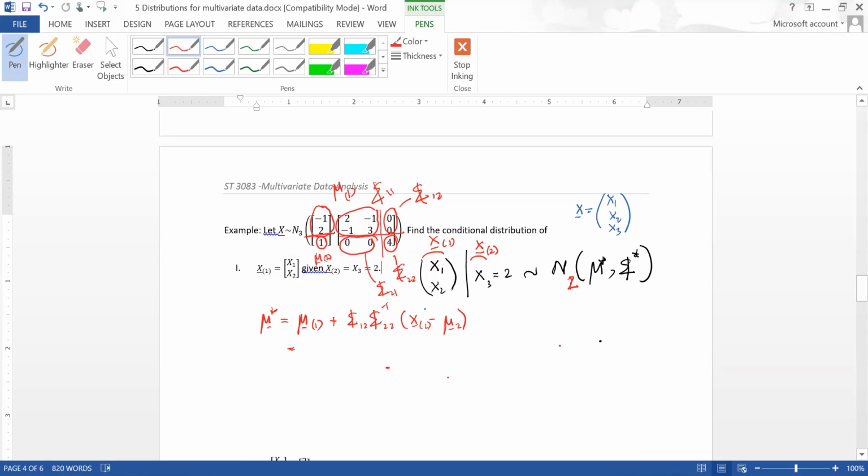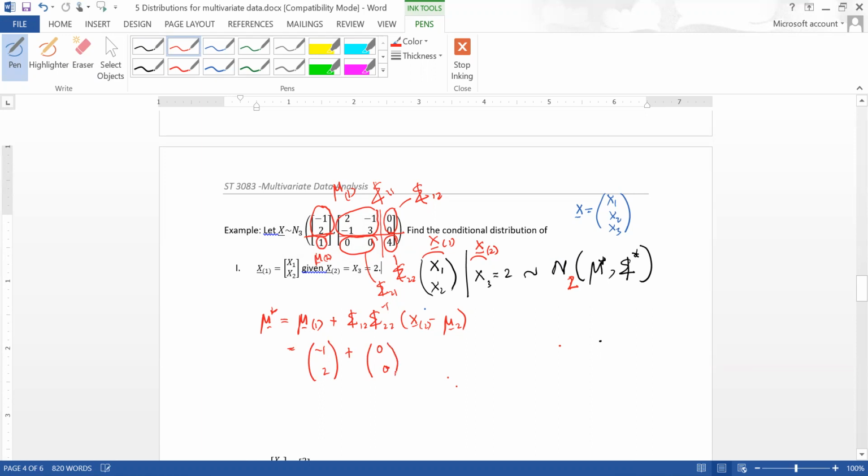That's the thing you have to figure out correctly. We are finding the distribution of x1, x2 given x3. So for the x1 part and x2 part, you have to find the means and variances separately. Once you figure that out, it's just plugging in and doing some calculations, nothing much, right? So the mu1 part is minus 1, 2. Sigma 1,2 is 0, 0.